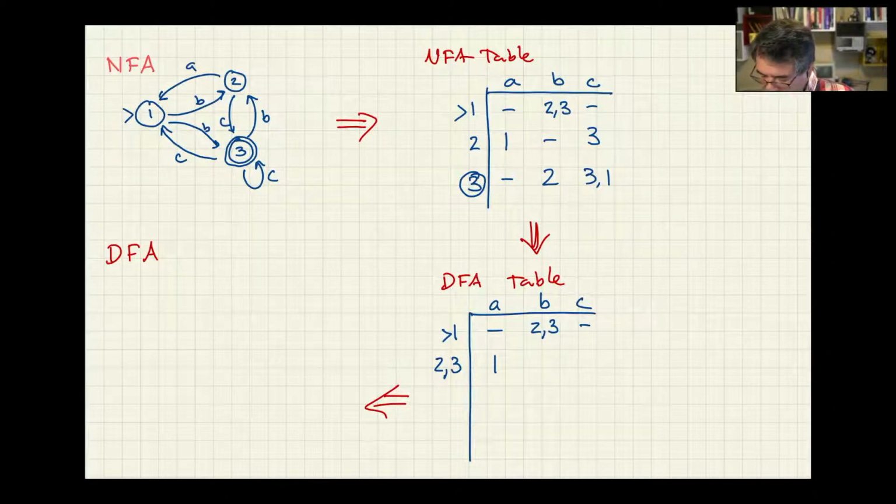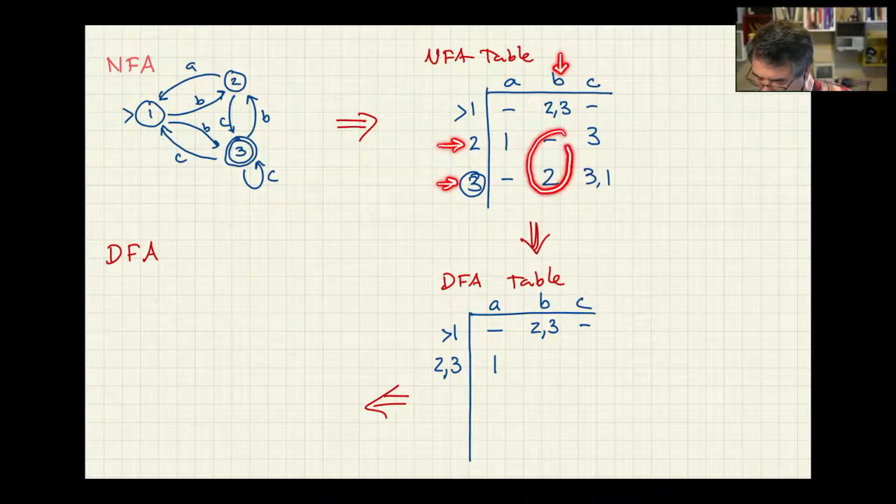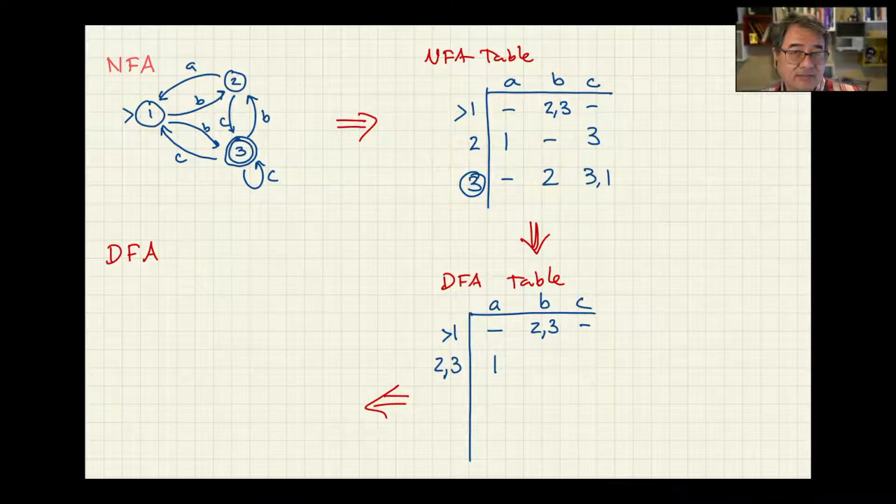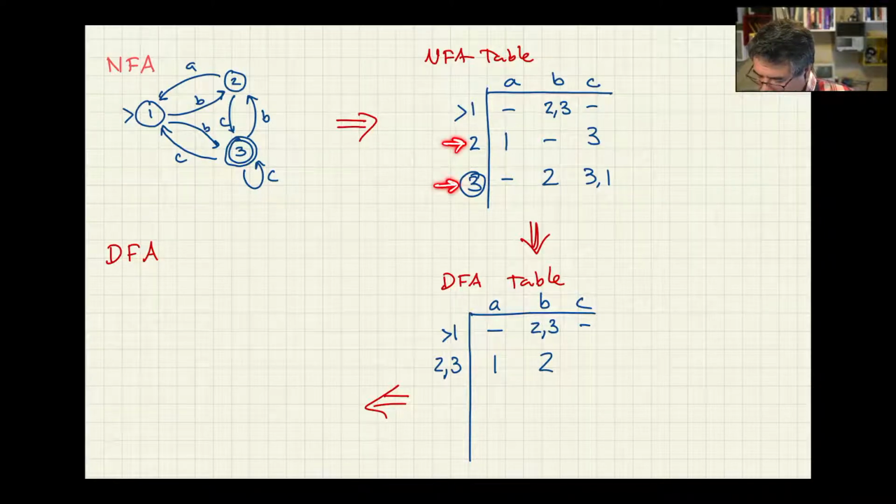Do the same thing for the next transition. Here's 2 and 3, and we're following B. So I see a 2 and a blank. I'll combine those to make 2. And then 2 and 3 on a C. I see 3, 3, 1.